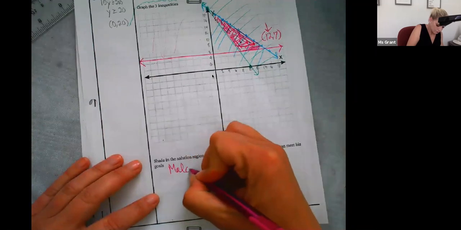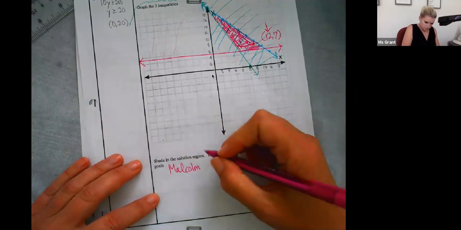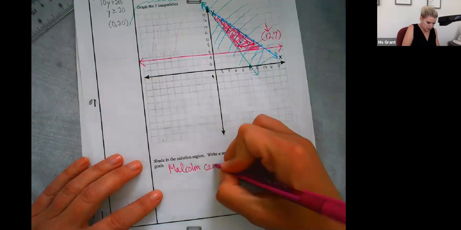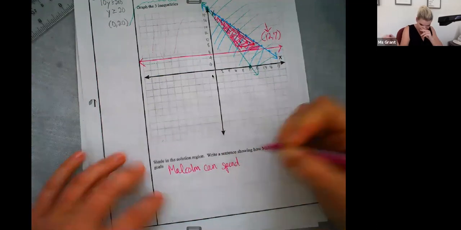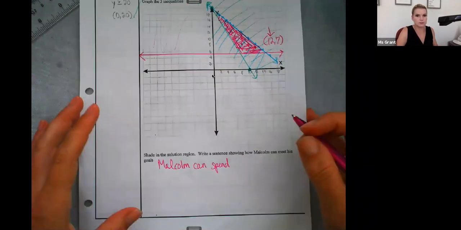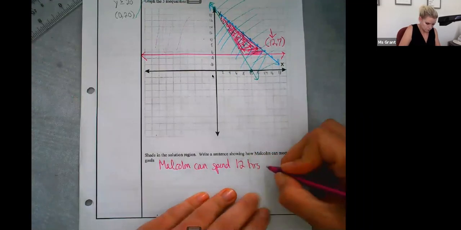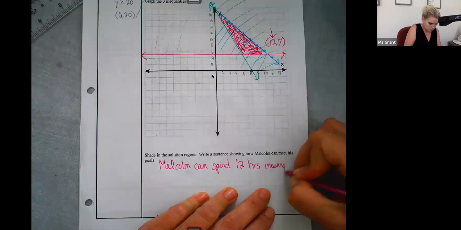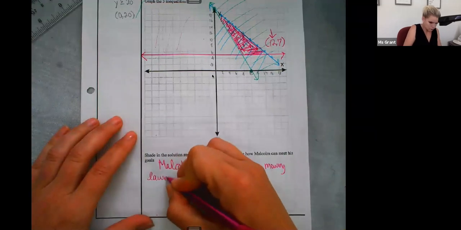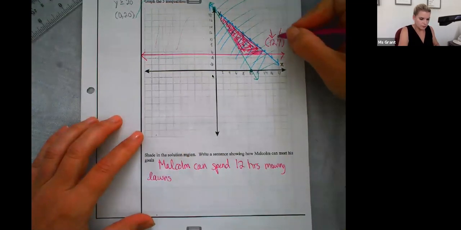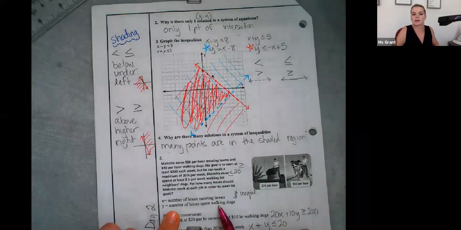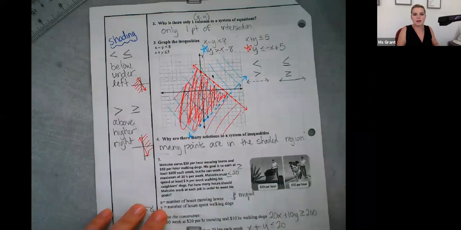Malcolm can spend, remember this is just a sample, 12 hours mowing lawns. My Y value is 7. What's Y? Walking dogs. 7 hours walking dogs.